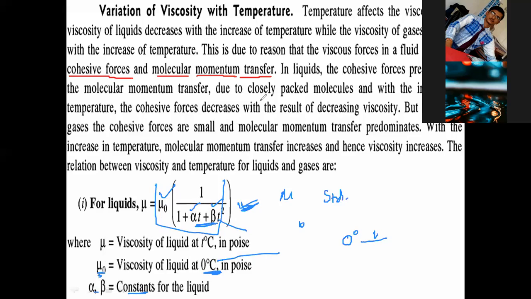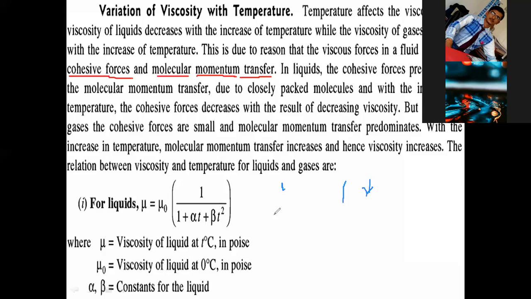With this formula, we can find out the viscosity of any liquid at any temperature. Just now, we have seen the variation of viscosity with temperature: if the temperature changes, viscosity also changes. So at a particular temperature, if you want to find out the viscosity of that particular liquid, you can use this formula, at any temperature, 20 degree, 30 degree, or 10 degree.